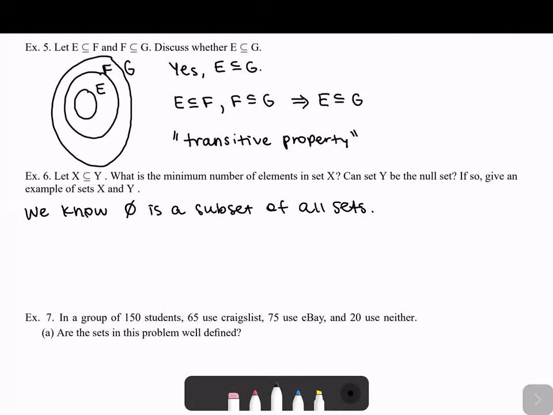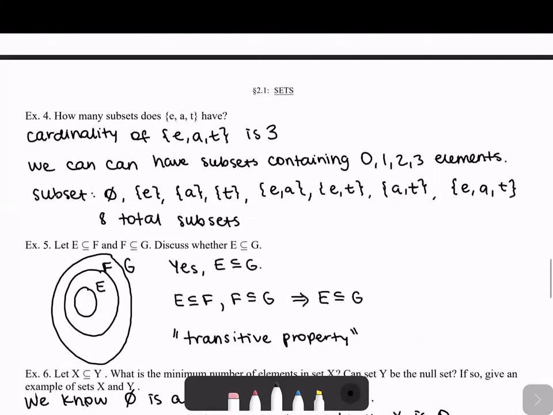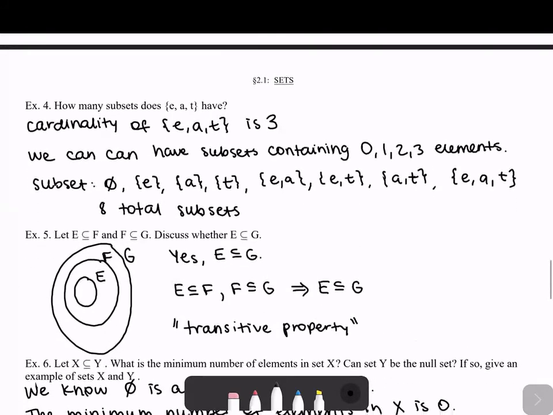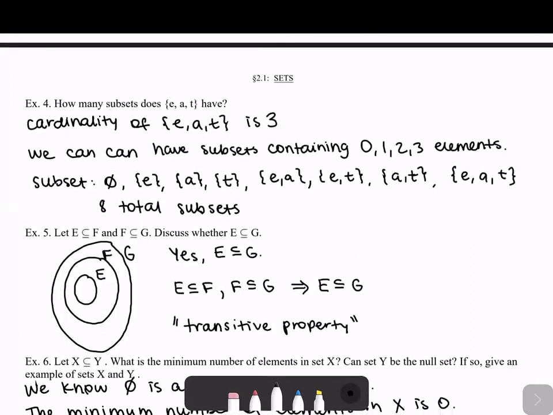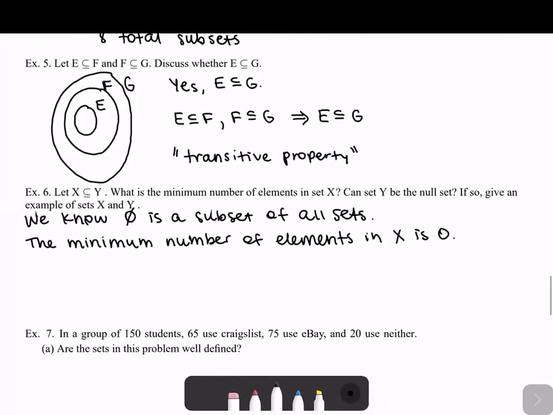So the minimum number of elements in X is 0, because the empty set is a subset of every set. We also listed it up here in example 4, that subsets can have 0 up to the cardinality of the set elements.